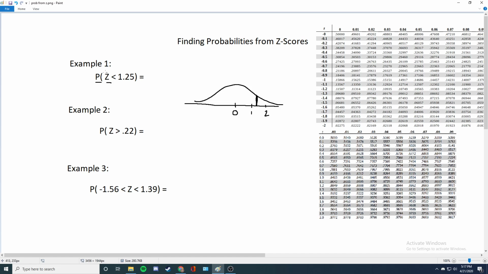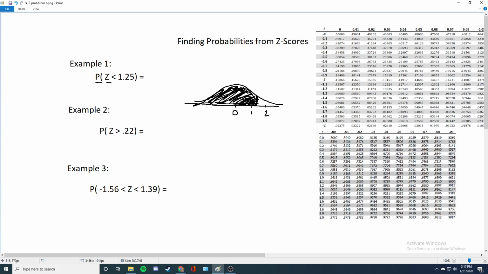To find the probability that z is less than this, we're figuring out the area below the normal curve behind that z-score. So we want this entire area behind z equals 1.25 for our answer.